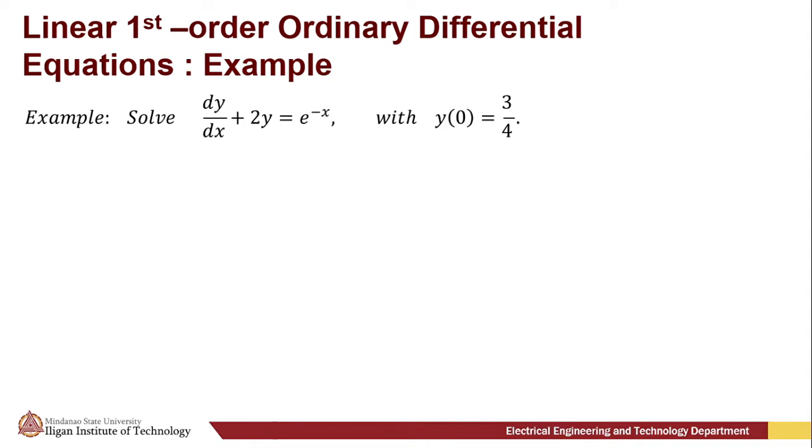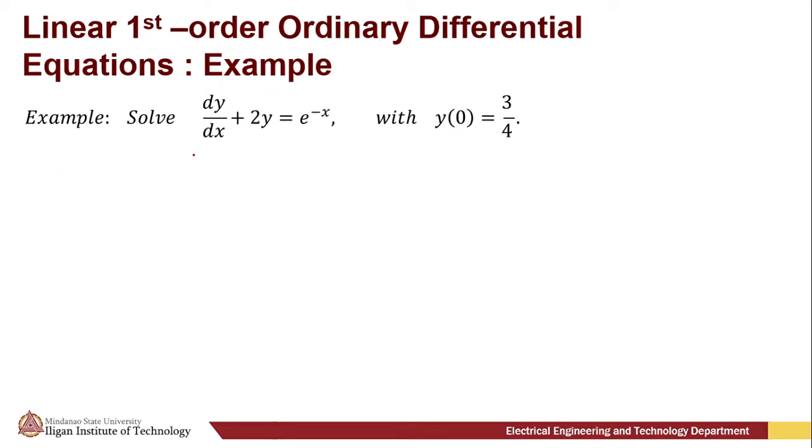We have here an example of a linear first-order ordinary differential equation. We are going to find the solution for the differential equation dy over dx plus 2y equals e raised to negative x, with the initial condition y of 0 equals 3/4.